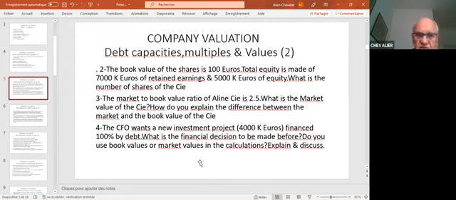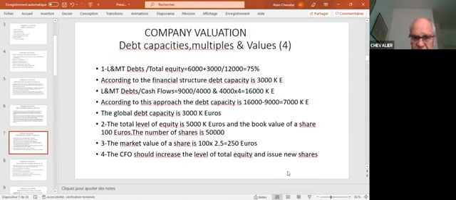So this is a new project, 4,000 euros, and for reasons which are not explained here, he wants to finance the project through debt. So the question is very simple.